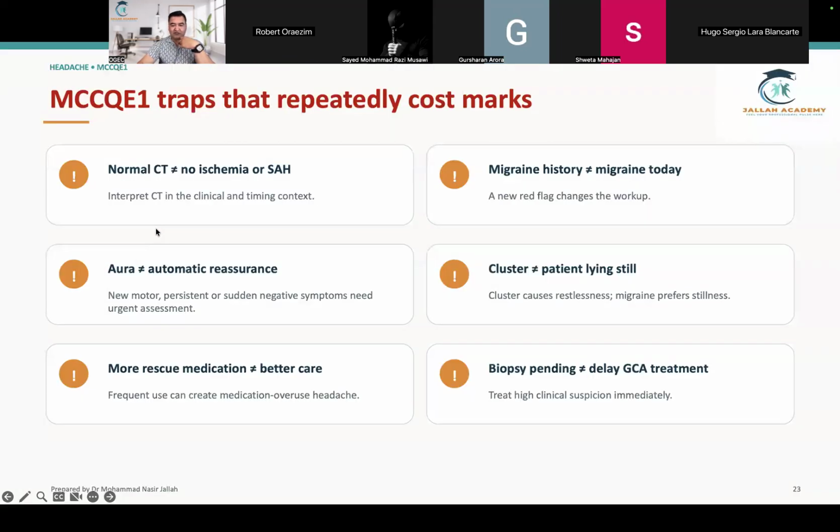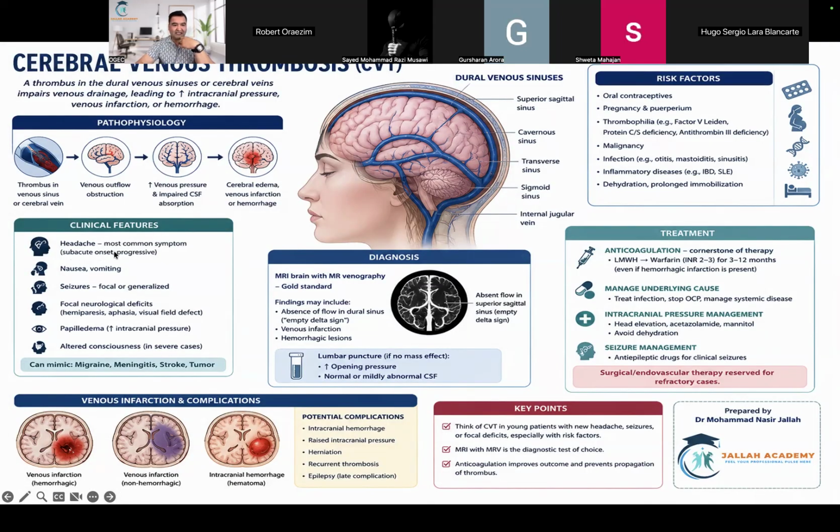The clinical features for this patient would be headache, the most common symptom, subacute in progression, nausea, vomiting, and obviously seizure. Something to remember: headache with nausea, vomiting, and seizure, focal or generalized, should raise concern about cerebral venous thrombosis.